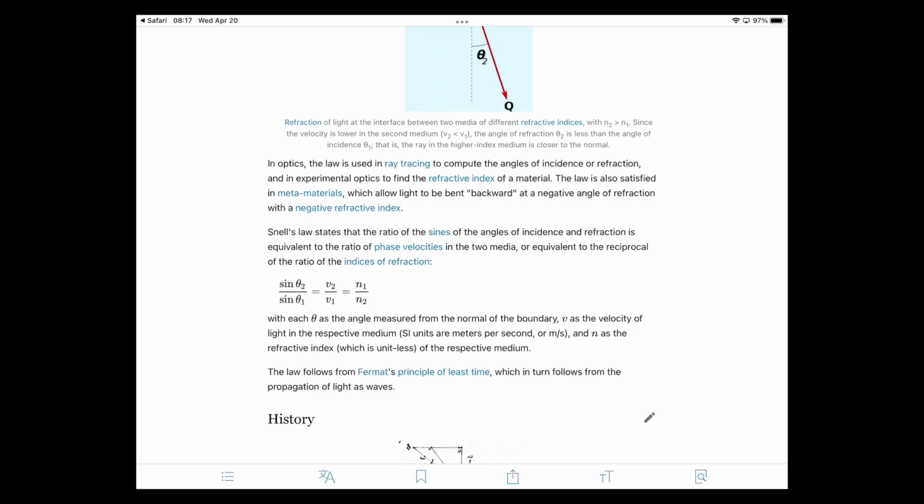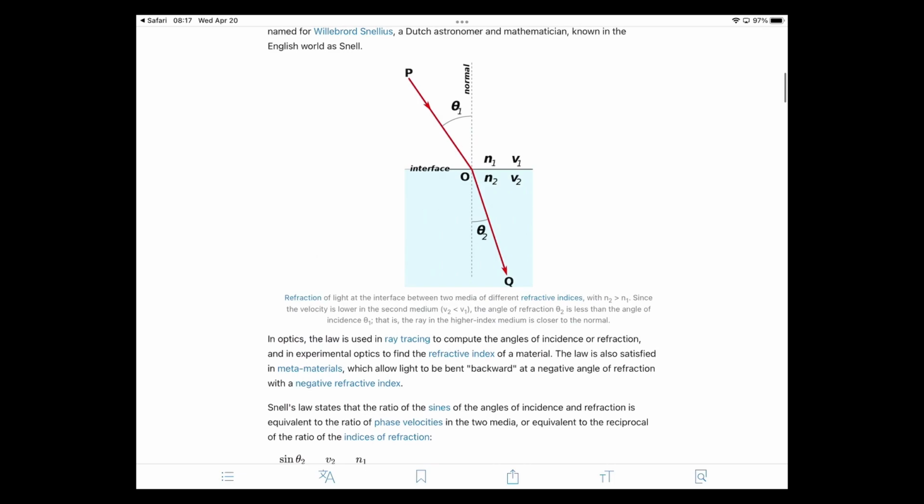Only if you're not changing from one medium to another, meaning it's the same speed of light in both media. If this ratio is less than 1, then what has to be true about angle 2 versus angle 1? It has to be smaller to make the sine of it smaller. Does that make sense looking at the picture? Yes.